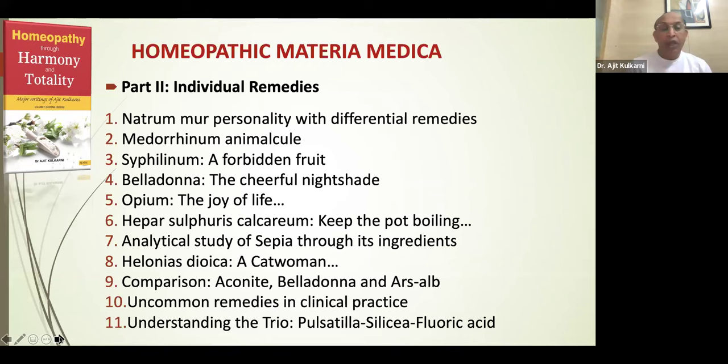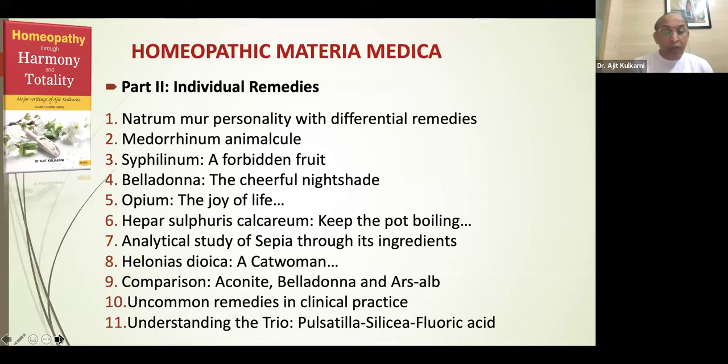Then Medorrhinum animalcule. Animalcule is the name coined by Hahnemann, which I have used, and I have given the reasons for why this name. Then Syphilinum, a forbidden fruit. So the concept of the apple being a forbidden fruit eaten by human beings, and then sinful acts and everything began, and how this could be correlated with a wonderful remedy, Syphilinum.